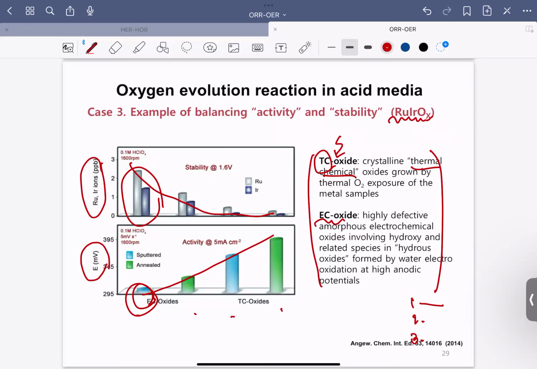And it shows that if we mix two materials, it gives the average property. If we compare ruthenium and iridium, what about the activity of ruthenium iridium? It shows that it is in between ruthenium and iridium.